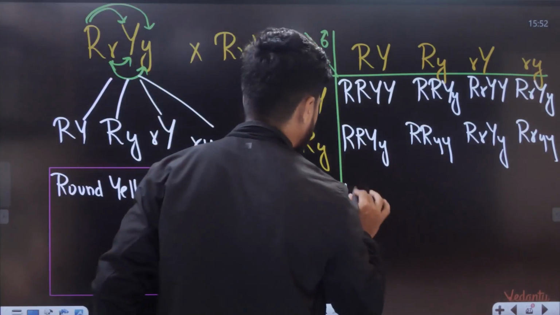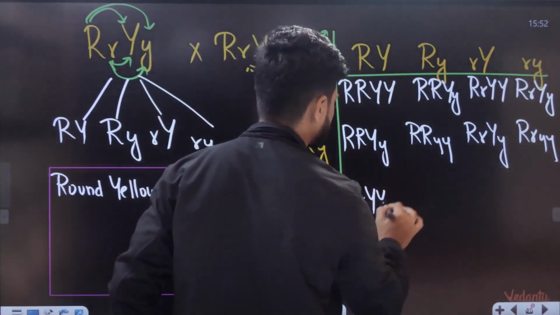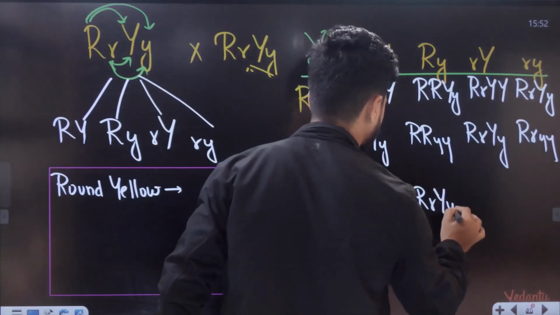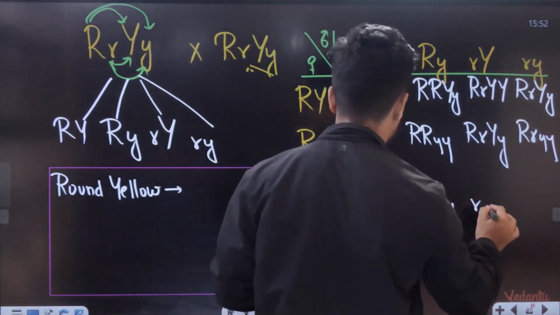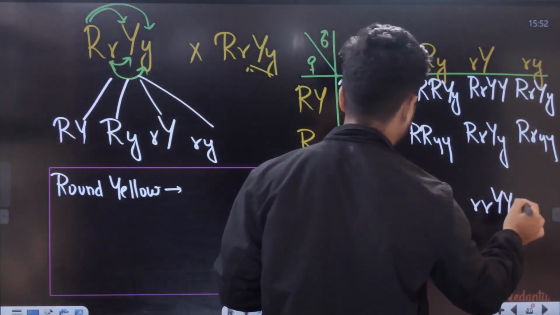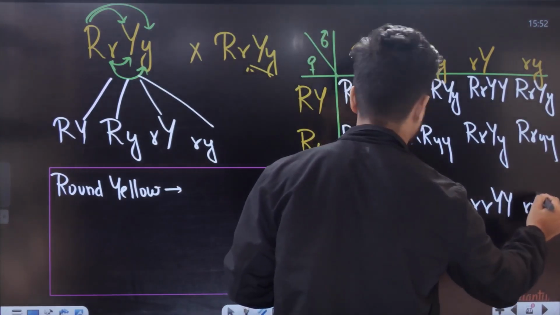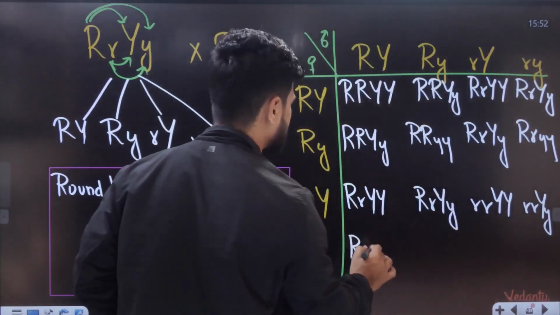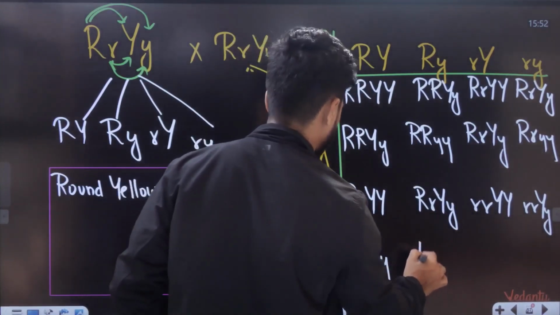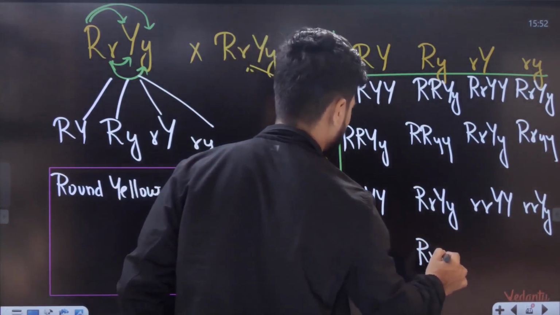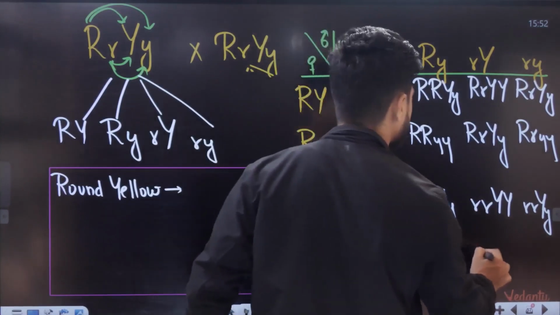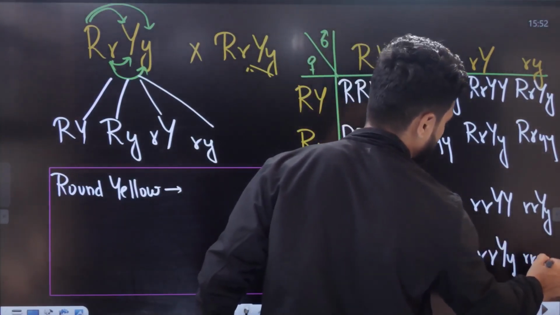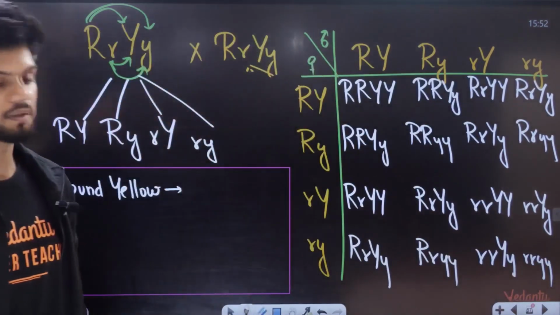Capital R, small r, capital Y, capital R, small r, capital Y, small y, small r, capital Y, small r, capital Y, small y, capital R, small r, capital Y, small y, capital R, small y, small y, small r, capital Y, small y, small r, small y, small y. That is your entire table right here.